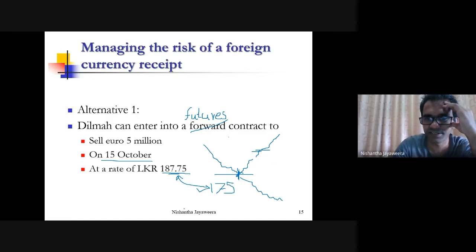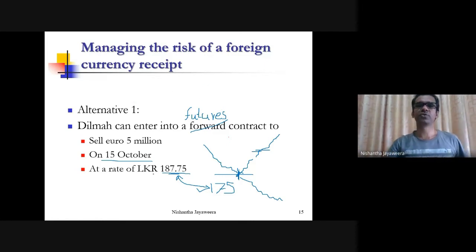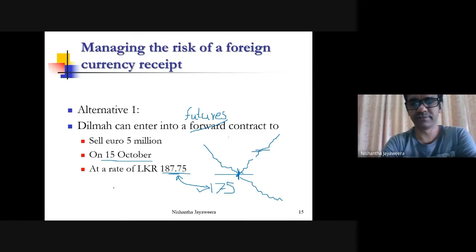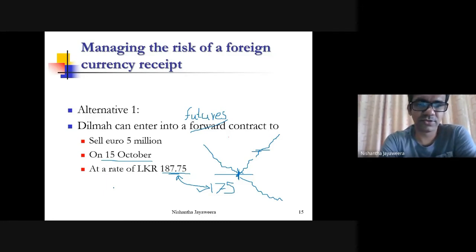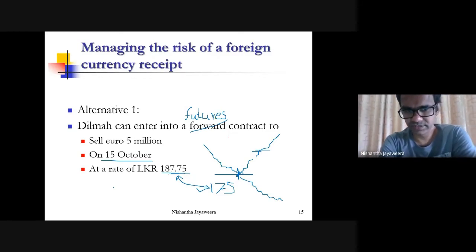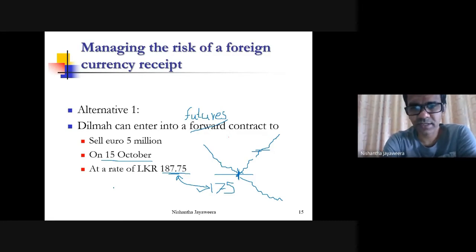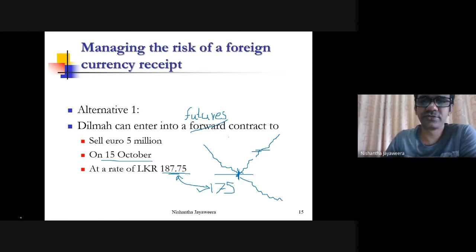However, some flexibility is there to play around if you have a good forecast and you go with futures. But when you enter into a forward contract, you can't do anything. The only thing you can do is enter into another forward contract with another party or maybe with the same party. Then it will be considered as two different contracts. But in futures, it is not the case. All those things depend on your intention. If you want to hedge your position and completely eliminate exchange rate risk, you should not try to trade like this.